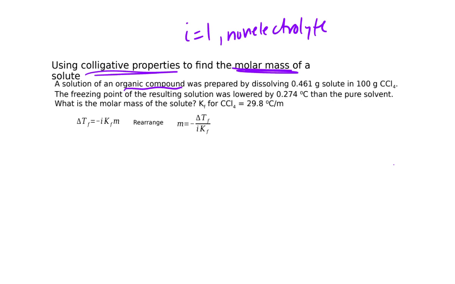It's prepared by dissolving 0.461 grams of solute in 100 grams of carbon tetrachloride. So we have a different solvent, not water this time. The freezing point of the resulting solution was lowered by 0.274 degrees Celsius compared to the pure solvent. And then we want to find the molar mass. We're given our freezing point constant for carbon tetrachloride.